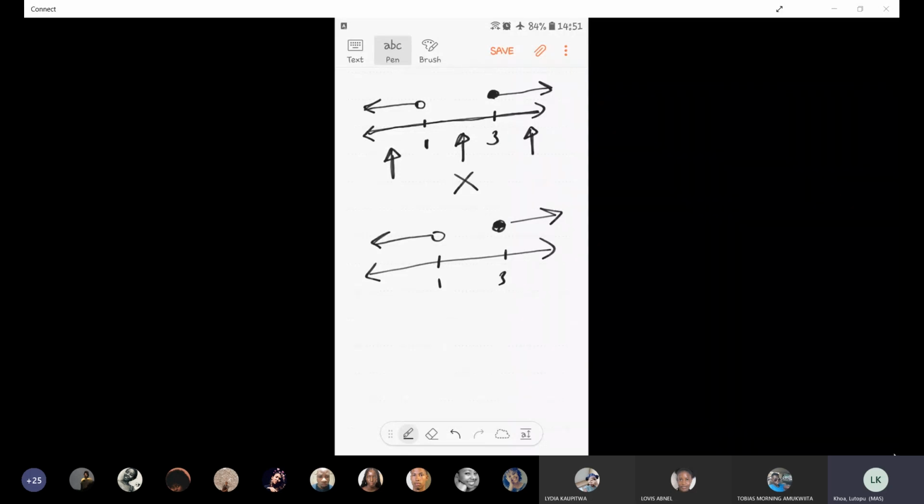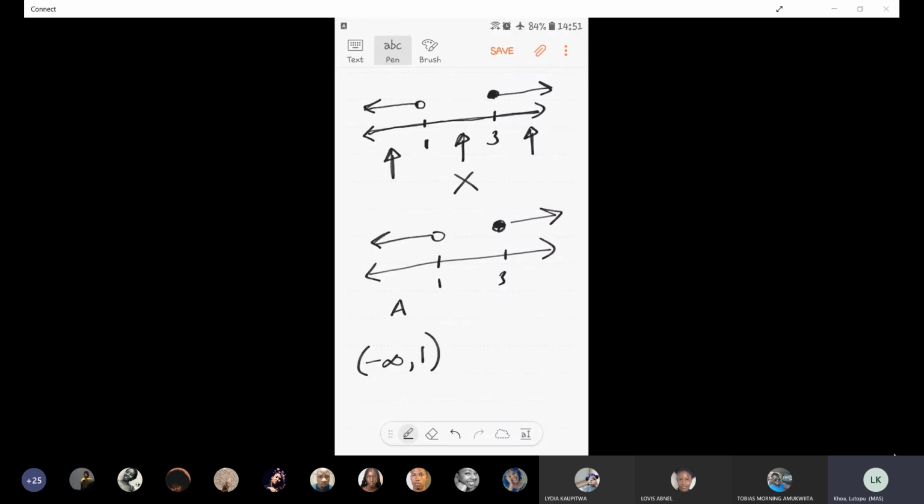So this first set over here, call it A. When I write it in interval notation, it goes from minus infinity. Remember, minus infinity is never included. That's why I have a round bracket. And then ends at 1. 1 is not included because my circle is unshaded. So I put a round bracket.